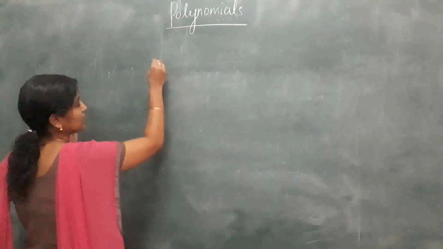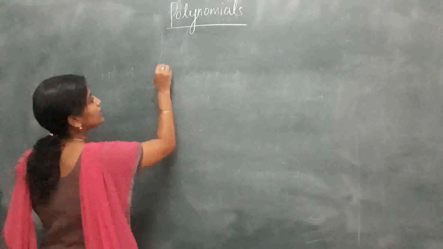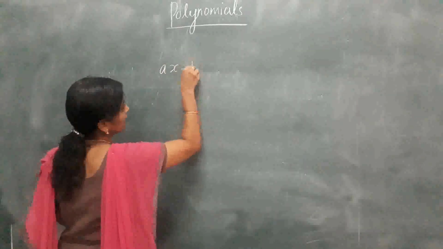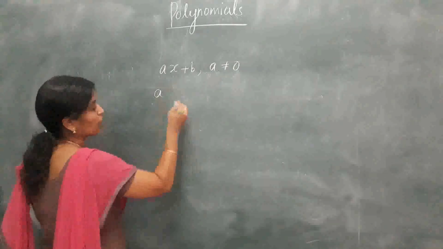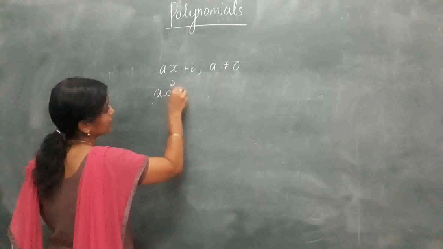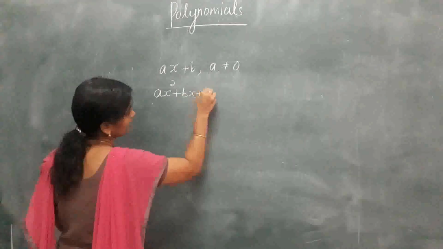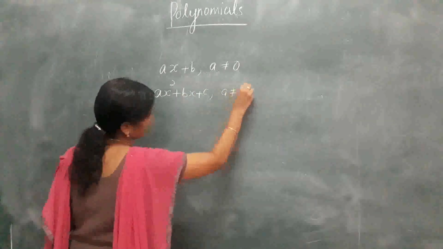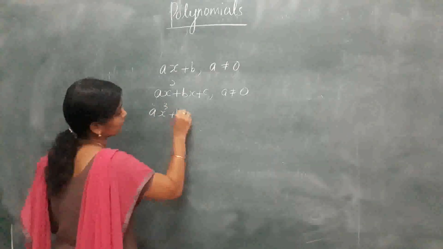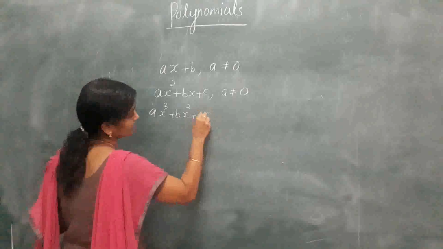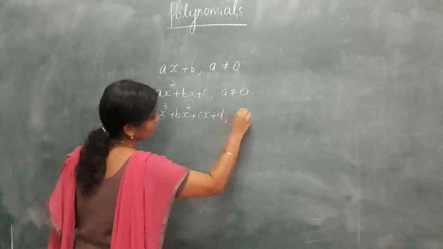So we have seen the linear polynomial, ax plus b, a not equal to 0. Next, the quadratic polynomial, ax square plus bx plus c, where a not equal to 0. Next, ax cube plus bx square plus cx plus d, where a not equal to 0.